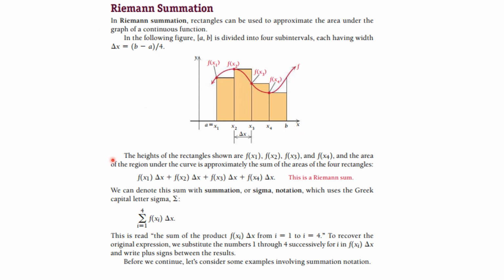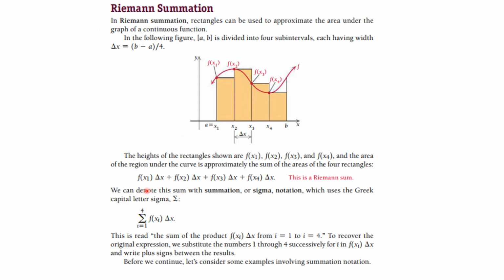The heights of the rectangles are, and we just pick these values, these are the left-hand endpoints. x1 is a, and that would actually be x5 as being that, but x4 is just down from b. And so we slice this into 4 pieces, so actually it's b minus a over 4. And these are the heights of the rectangles.